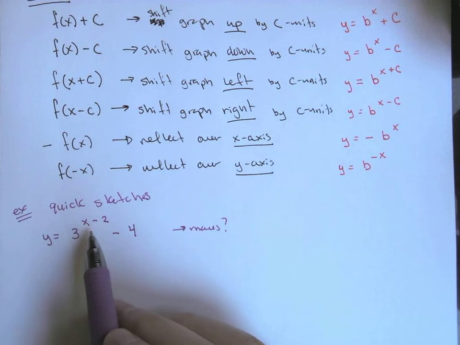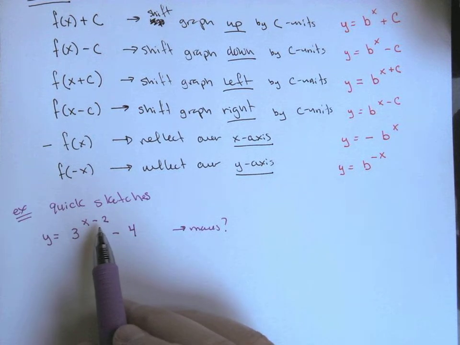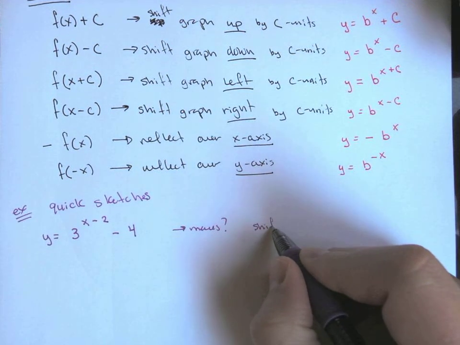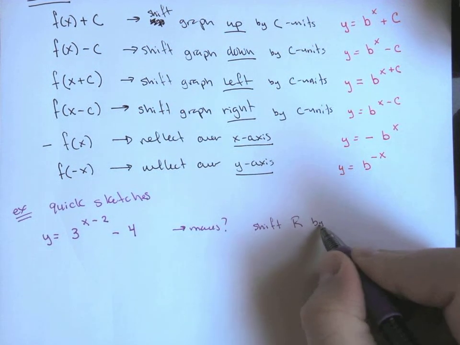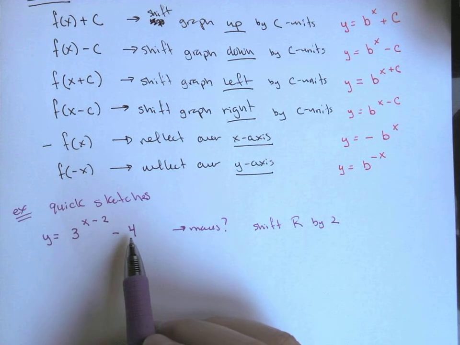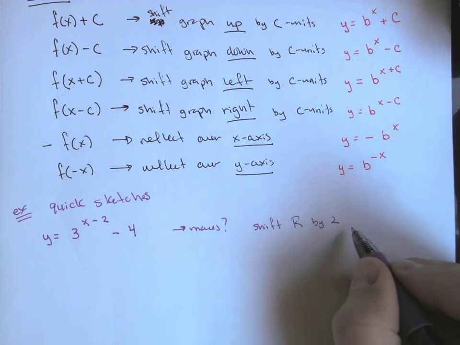Well, x minus 2 is in the exponent, so we're subtracting directly from the x. So that's going to mean a shift to the right by 2. And then we have minus 4 out here on the end of it. If we subtract by 4 on the end of it, that's going to shift us down by 4.